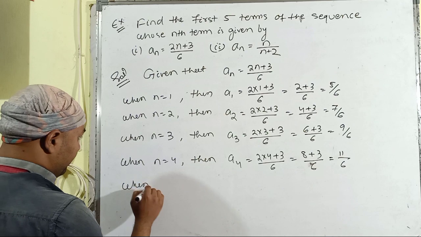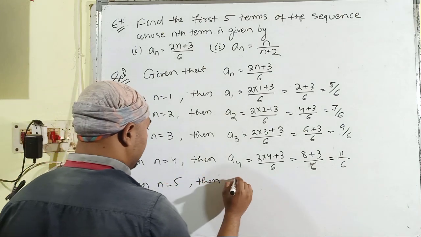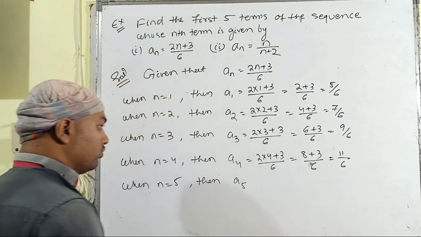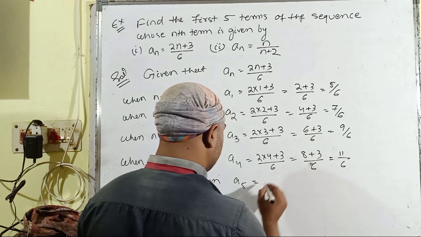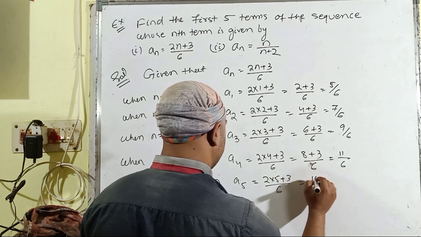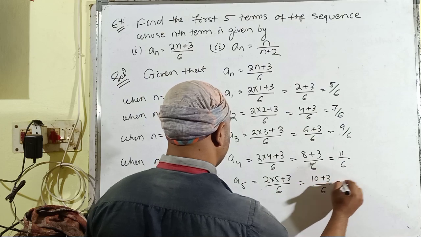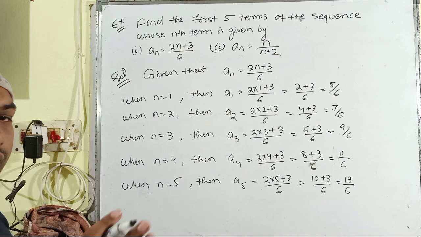Similarly, when n is equal to 5, then A5 is equal to (2 into 5 plus 3) divided by 6, and it is 10 plus 3 divided by 6, and this is 13 by 6. But we have to write down the complete answer.